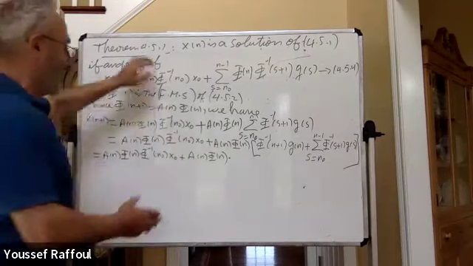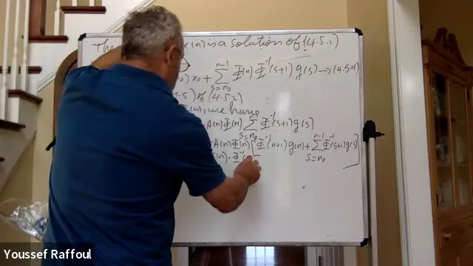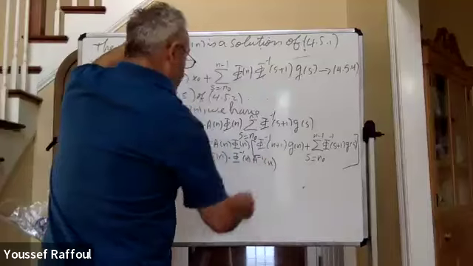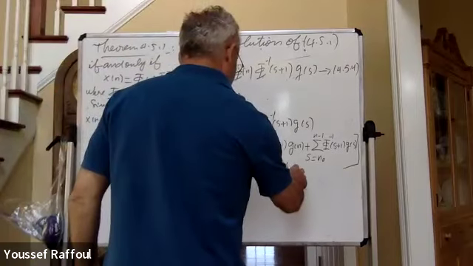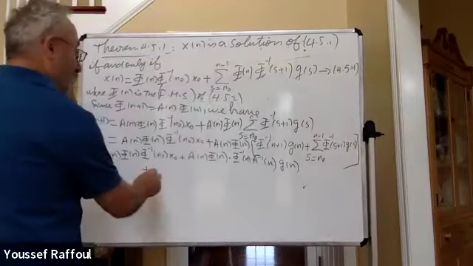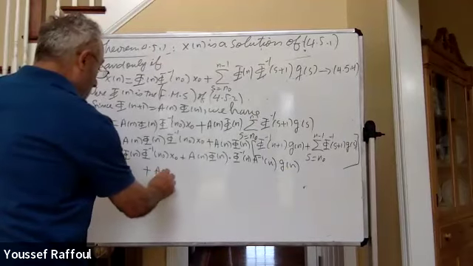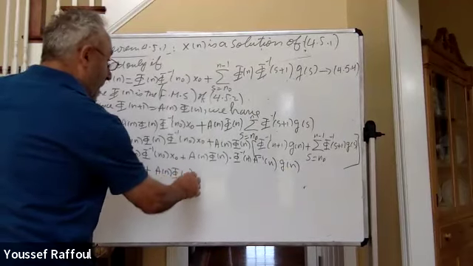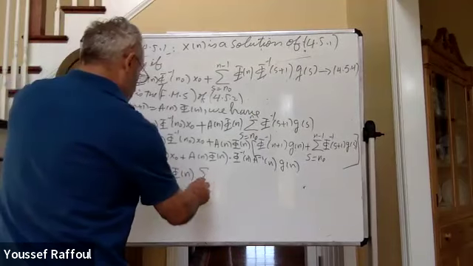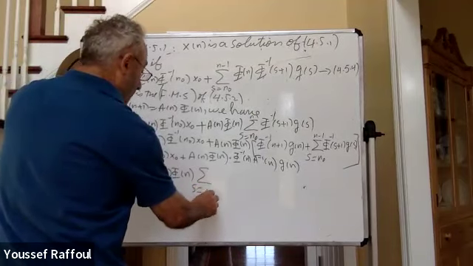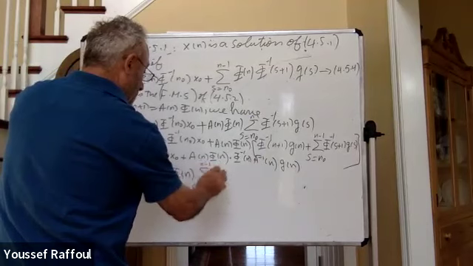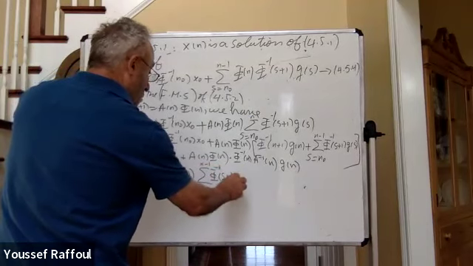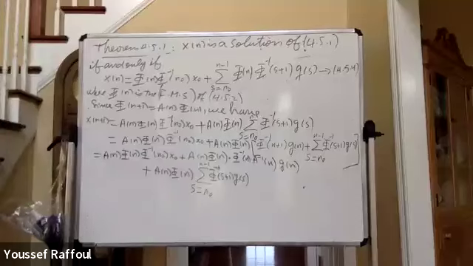Phi inverse of n plus 1 is phi inverse of n a inverse of n gn, plus an phi n summation s equal n naught to n minus 1 phi inverse of s plus 1 g of s. Okay, so we're almost done.